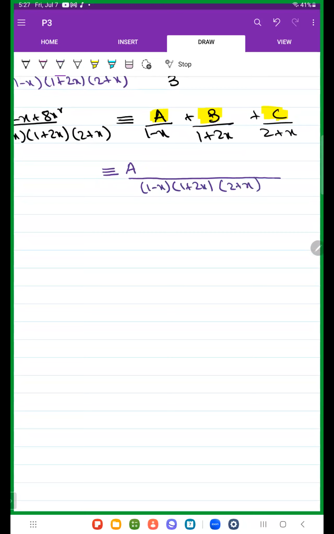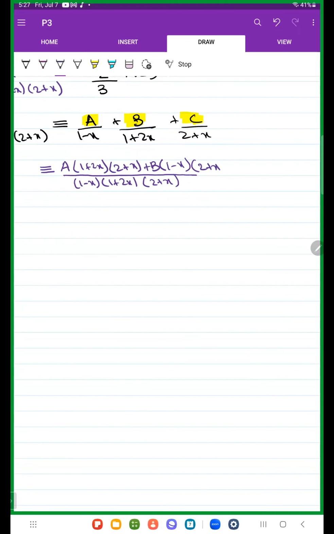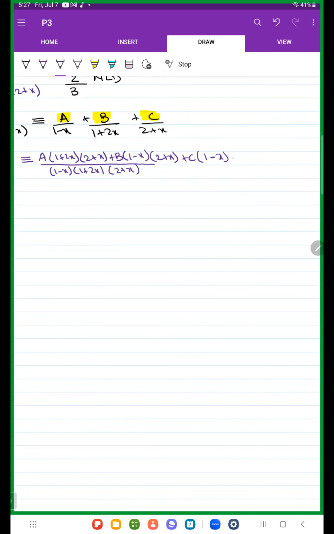Now what will A be multiplied with? It will be multiplied with 1 plus 2x and 2 plus x. B will be multiplied with 1 minus x and 2 plus x. And C will be multiplied with 1 minus x and 1 plus 2x. Are you clear till here?